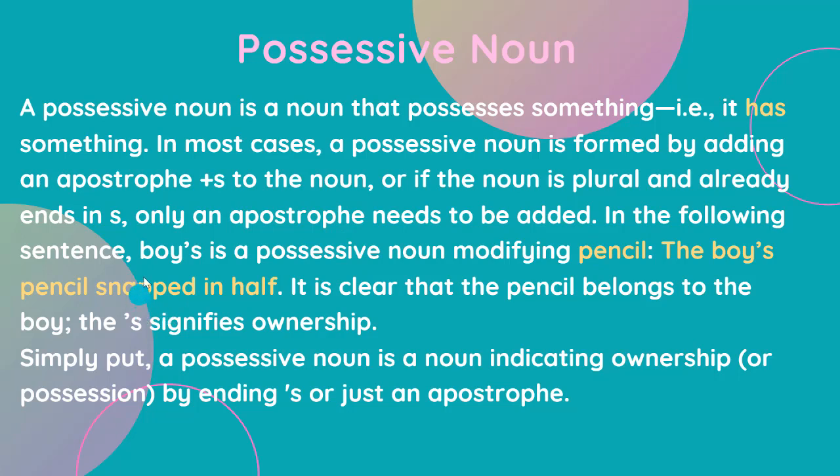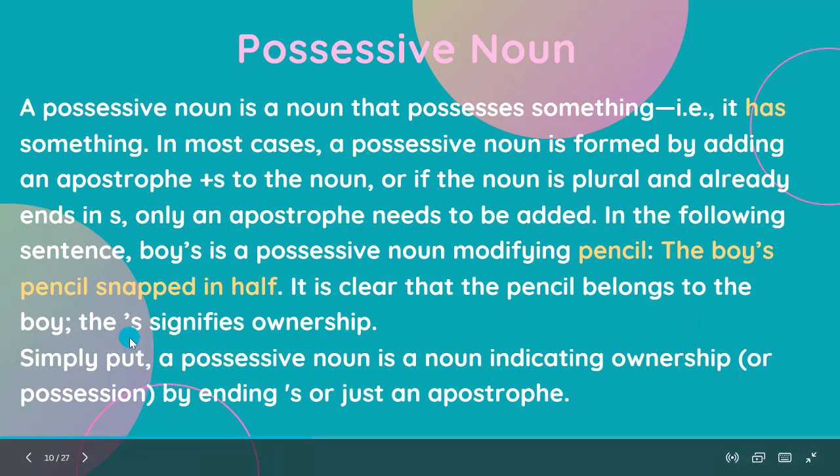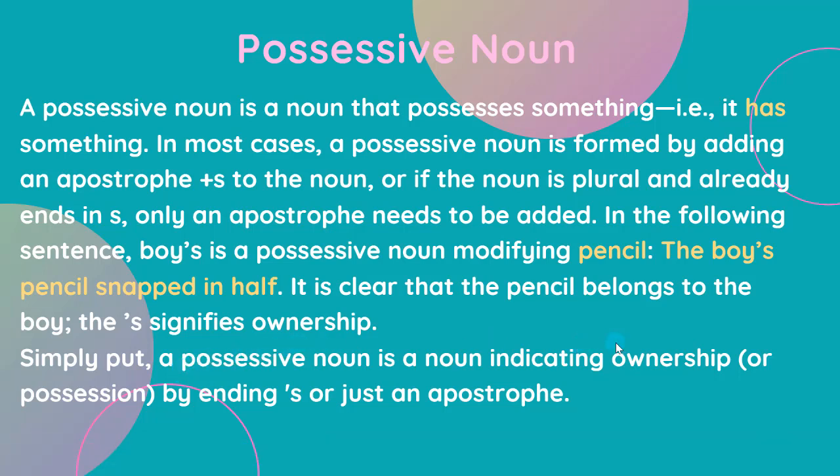In the following sentence, boy's is a possessive noun modifying pencil. So the boy's pencil snapped in half. It's clear that the pencil belongs to the boy. The apostrophe s signifies ownership. Simply put, a possessive noun is a noun indicating ownership or possession by ending in apostrophe s or just an apostrophe.